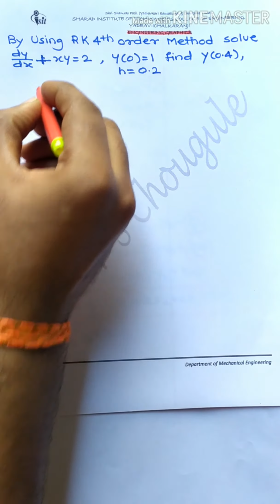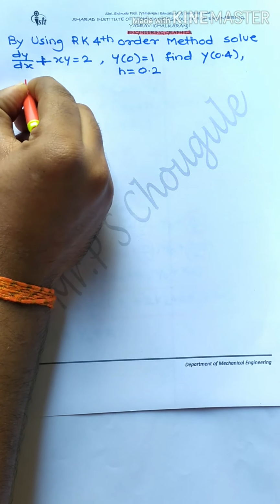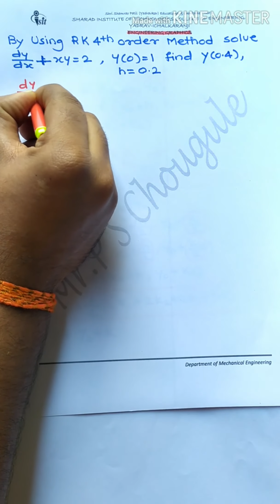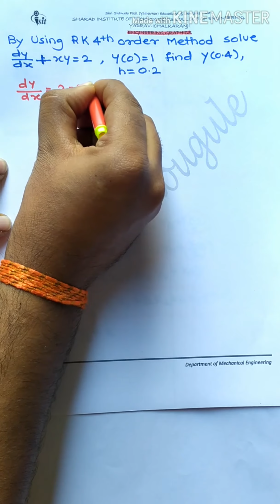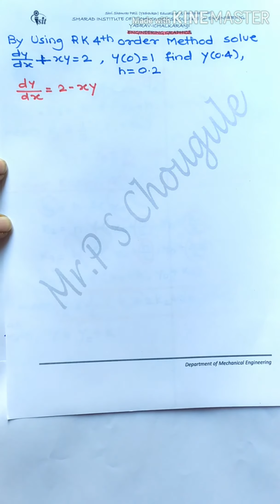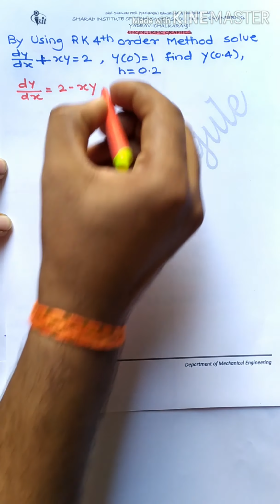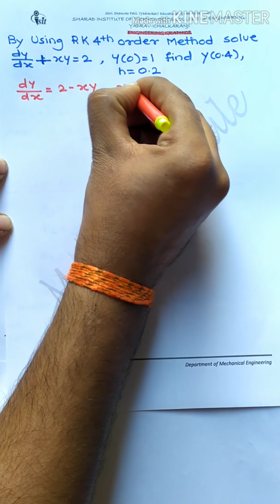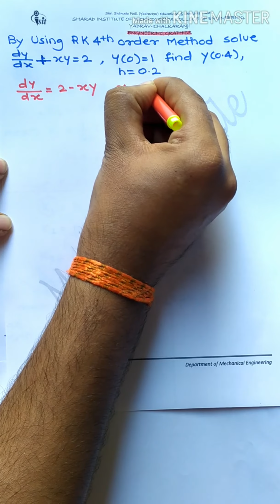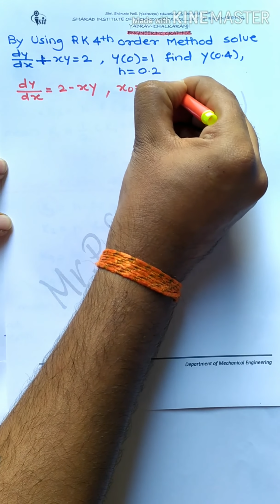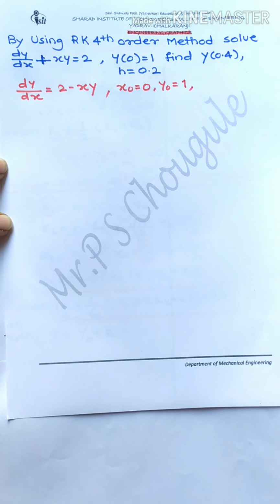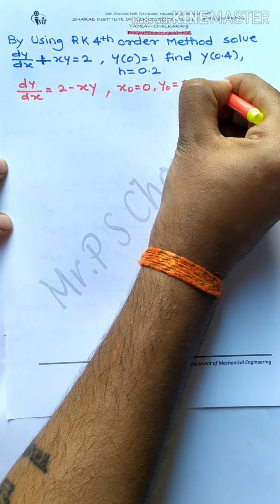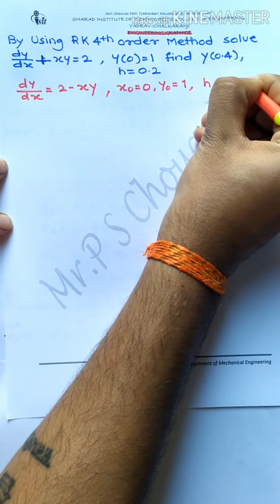Now, if I write the equation in this form: dy by dx is equal to 2 minus xy. Now the initial condition, I will write here at x0 is equal to 0, y0 is equal to 1. Next, what they have given, h is equal to 0.2.